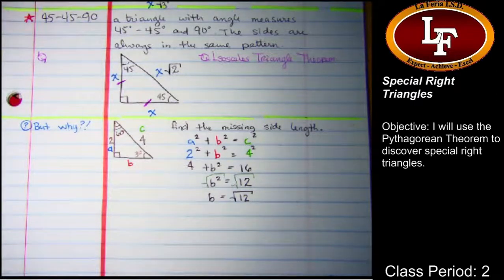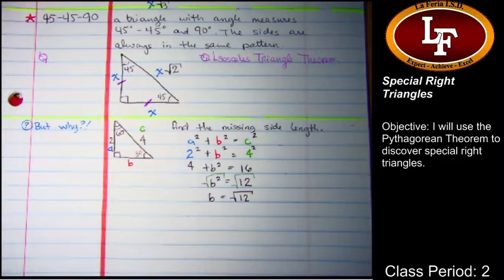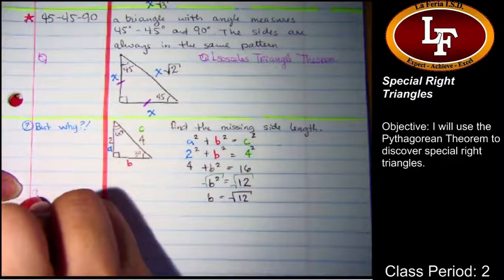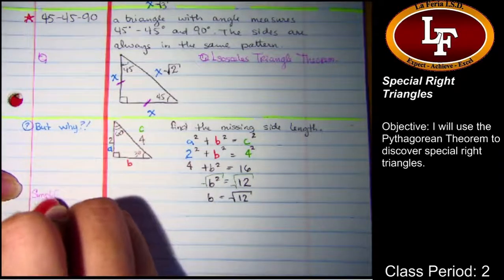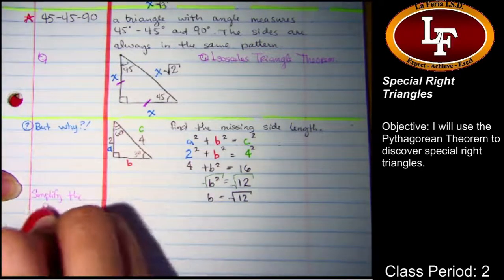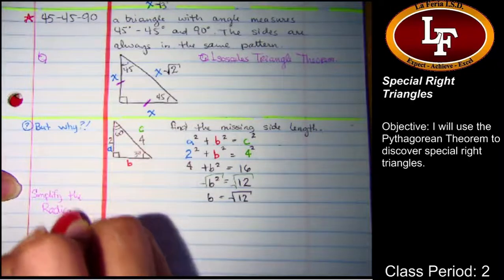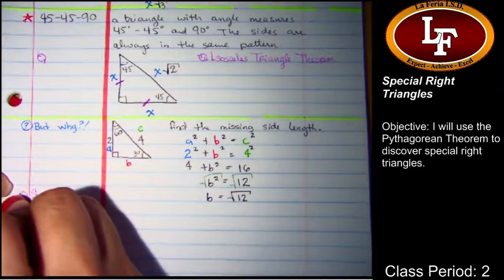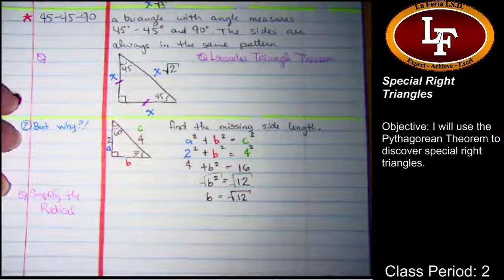Several weeks ago now, I think, when we were first learning distance formula, we took a moment to talk about how to simplify radicals. Do you remember that? Yes? Some do, some don't. That's okay. So this is a recall moment.